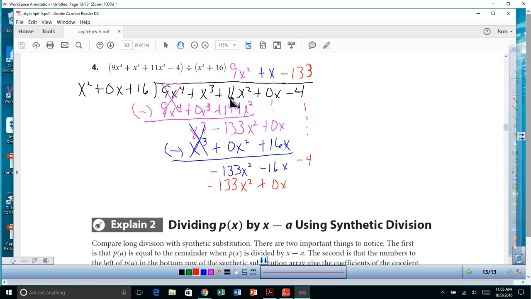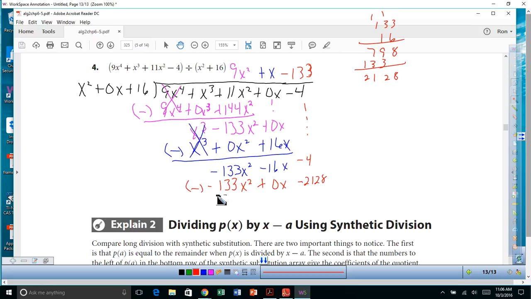Negative 133 times 16, let's see here. 133 times 16, that's going to be 2128. So that's going to be minus 2128.